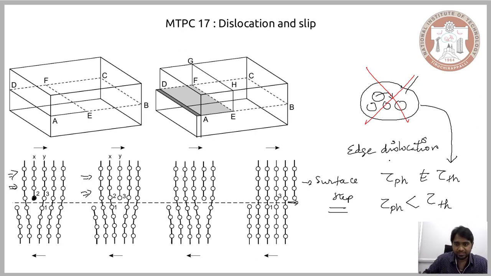So this stress that is associated with the migration of the extra layer of atoms, and the plastic deformation that is brought about by this migration of the extra layer of atoms or the migration of the dislocation, is referred to as the Peierls-Nabarro stress.